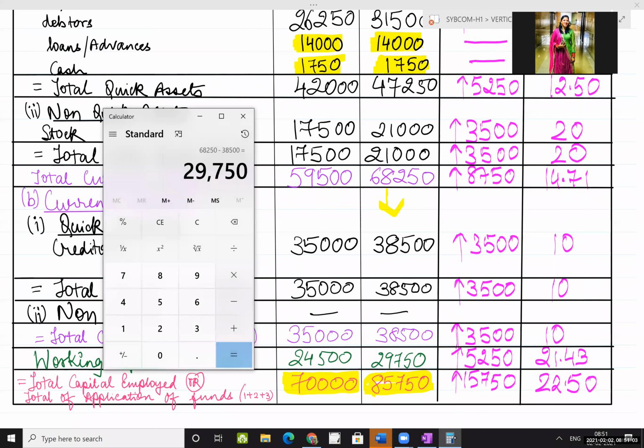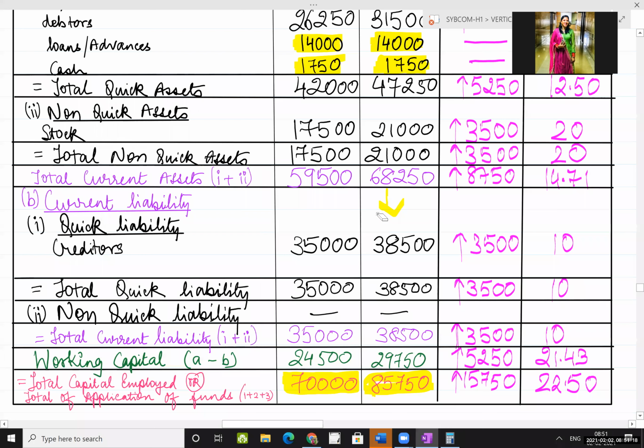Okay. So there is an increase definitely. कितना? 5250 divided by 24,500 into 100. Okay, 21.428, make it 43. Okay, so you have to be very quick in all these things.